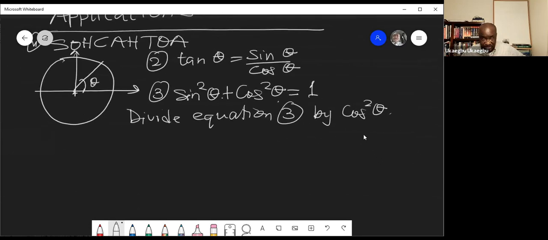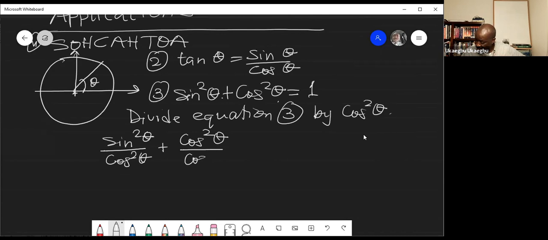So if we do this step that I just wrote, it is going to give us sine squared theta divided by cos squared theta plus cos squared theta divided by cos squared theta equal to 1 divided by cos squared theta.